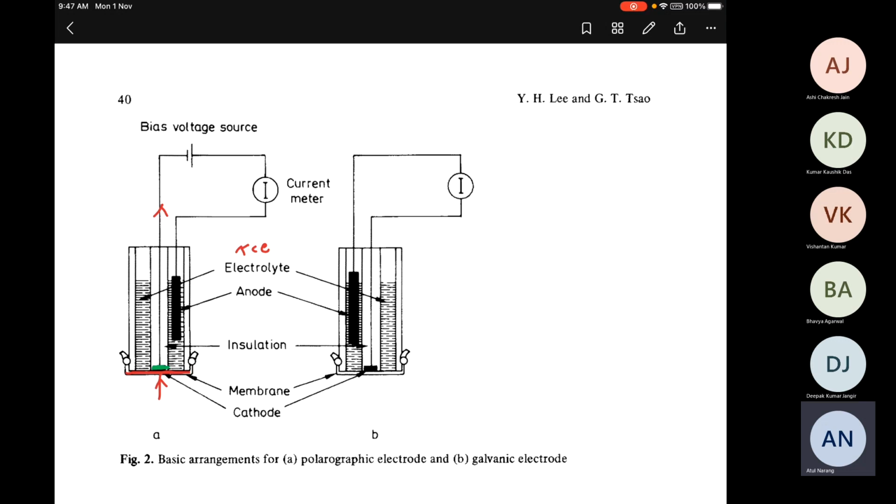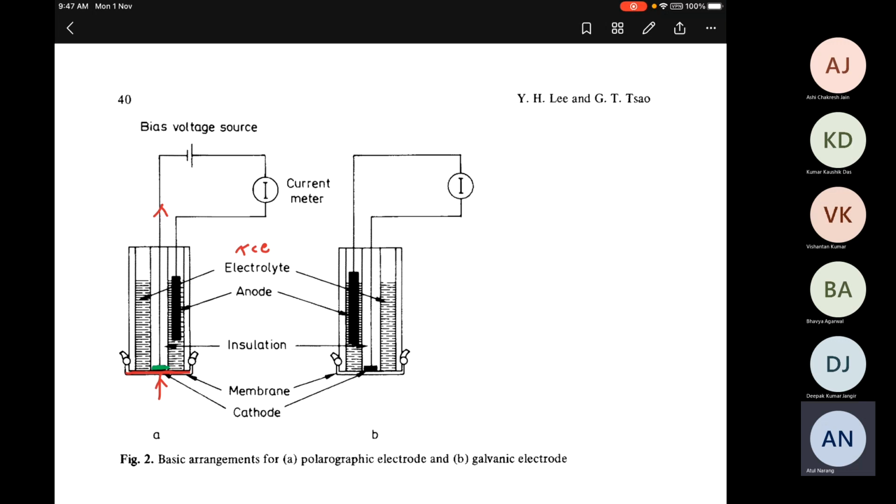The presence of this membrane was done by a guy called Clark. So these are called Clark type electrodes. This is what is used to measure how much oxygen you have in your blood. It's the same electrode. The reason they introduced the membrane was that, initially, without a membrane, the electrodes used to get contaminated, right?